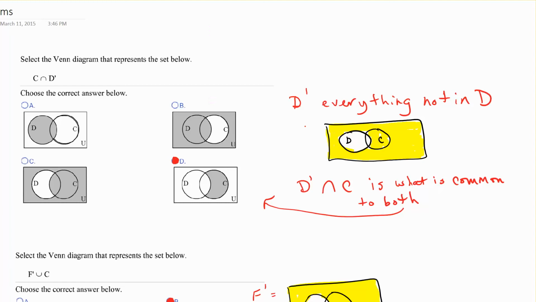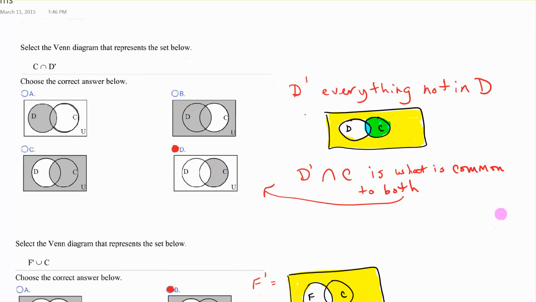So if I took C and color it in with blue, the overlap there is our answer. So that green, we've got right there, so that's that.